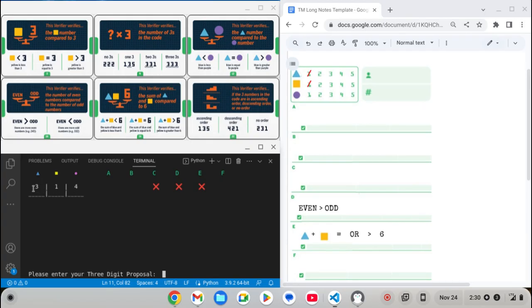Notice that I did pick 3 for triangle and a 4 for circle, where of course 3 is less than 4, but the Turing Machine does not agree with that. So either triangle should be equal to circle or be greater than circle.